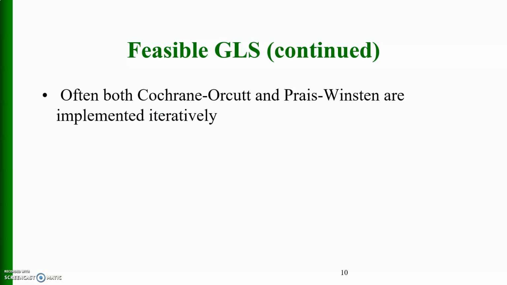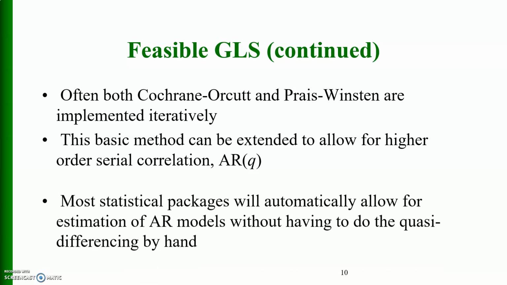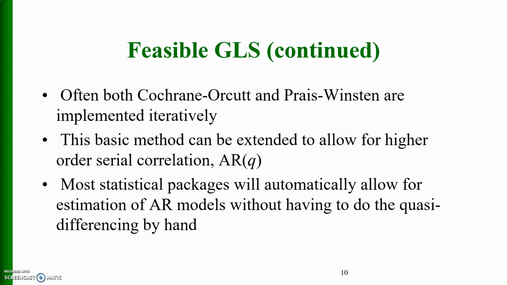Often both Cochrane-Orcutt and Prais-Winsten are implemented iteratively. This basic method can be extended to follow for higher order serial correlation, that is AR of q order. Most statistical packages will automatically allow for estimation of AR models without having to do the quasi-differencing by hand.